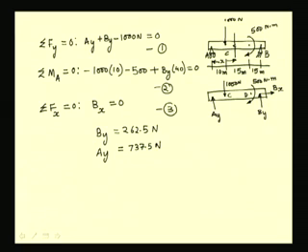To determine the shear force and bending moment at this section C, or a section at a distance x from A, we consider the free body diagram of the section, which is at x meters from A. We have the applied load of 1000 Newton at C and the reaction Ay, which has been found to be 737.5 Newton.